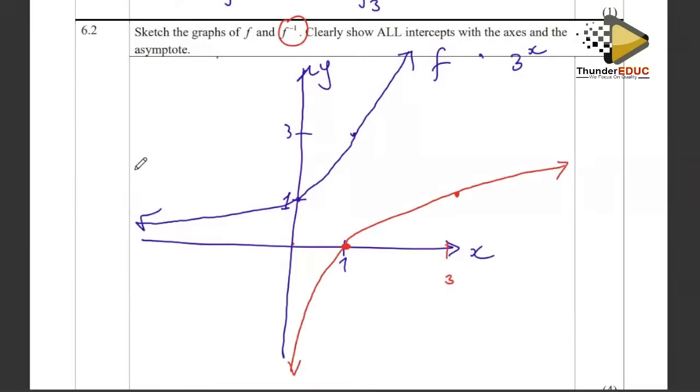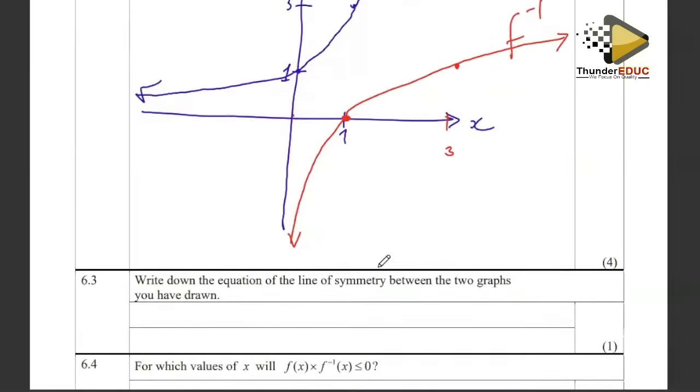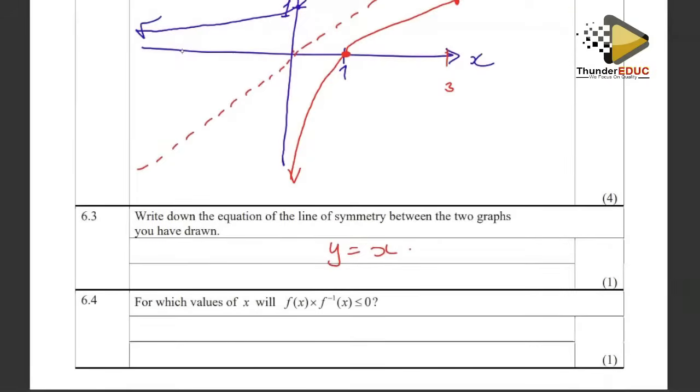Okay, so that is what we have. We are saying this is the inverse. Then write down the equation of the line of symmetry between the two graphs. So the line, remember, an inverse function is basically a graph that is being reflected about the line y is equal to x.